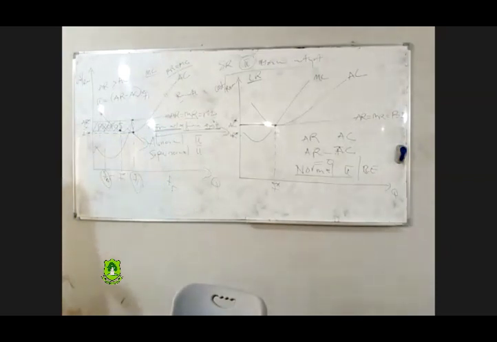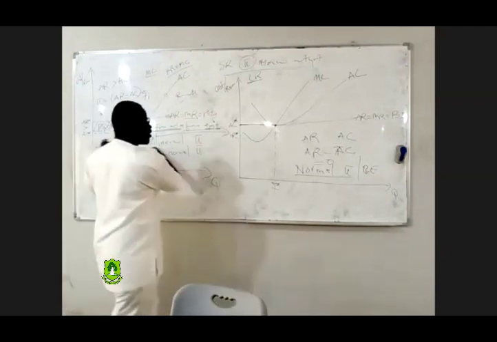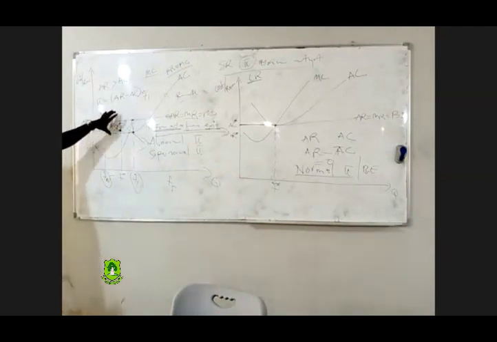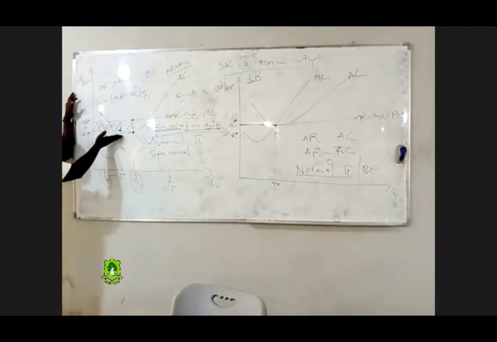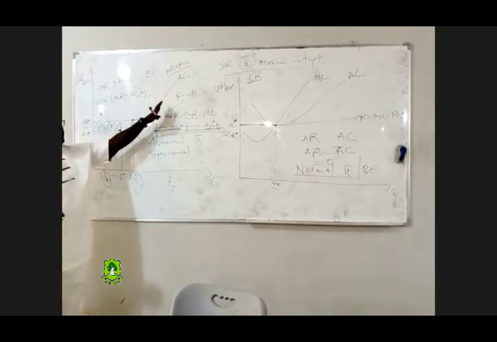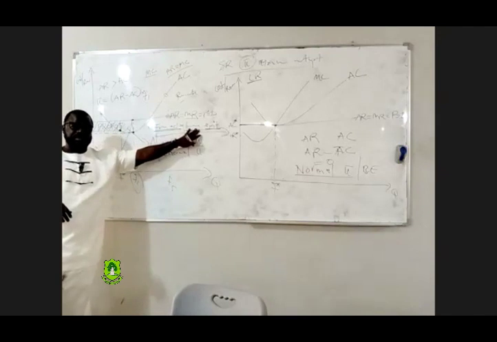I'll definitely ask this one. In the short run, they make profits. And because there is free entry, free exit, people enter the market, and as they enter, they compete away the supernormal or abnormal profit. Those making losses would have also exited the market.